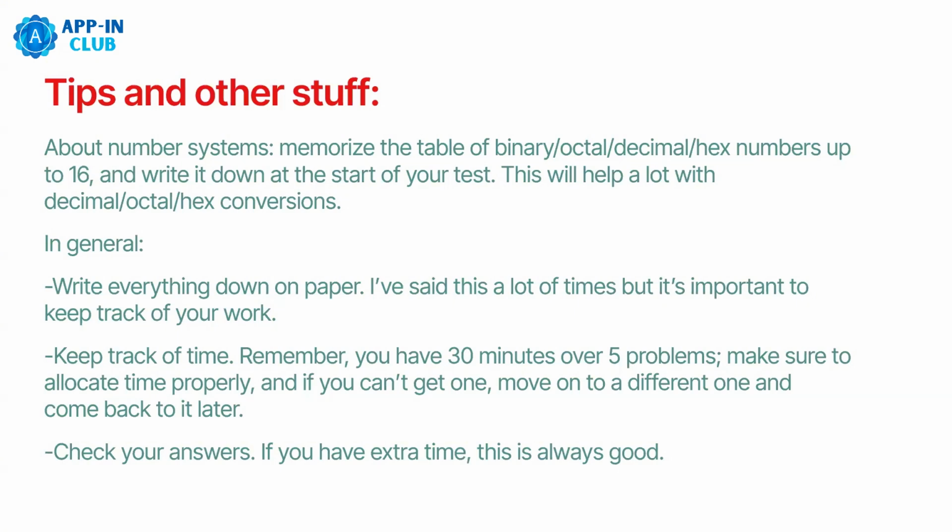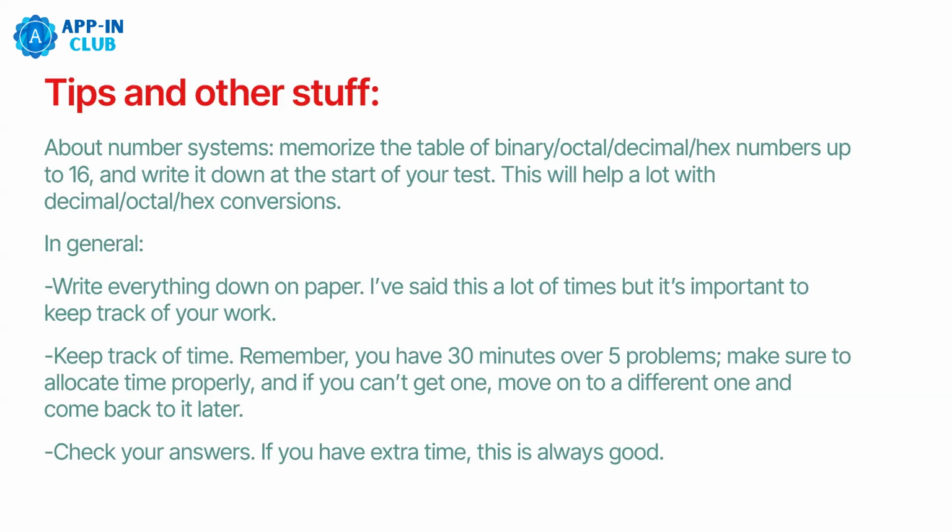It also prevents mistakes where during the test you might not be thinking at full capacity as you would have before. So it's helpful to just write down equations and other things at the start. In general, I'm going to skip the first point, I've said that far too many times. But write everything down, keep track of your work.